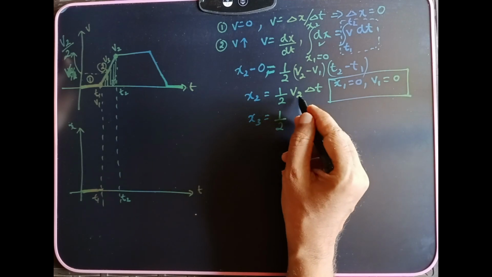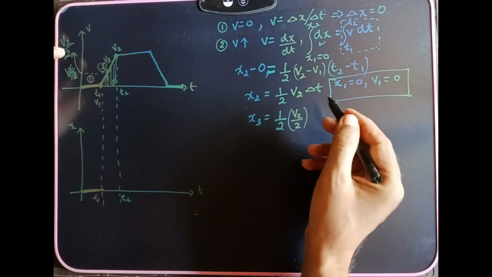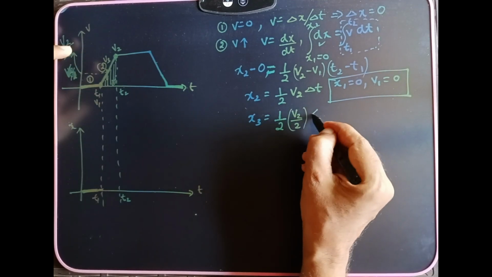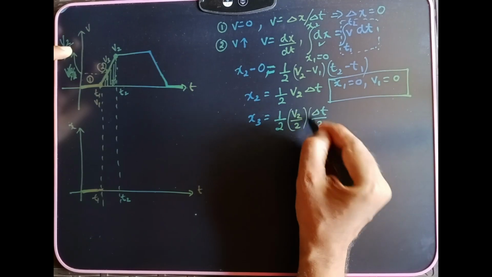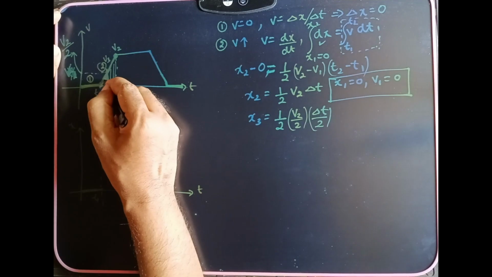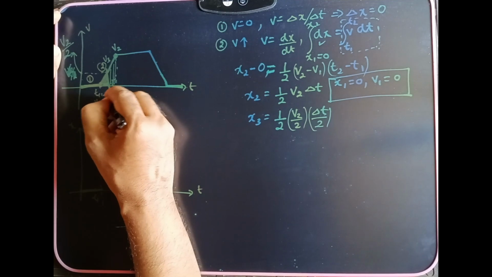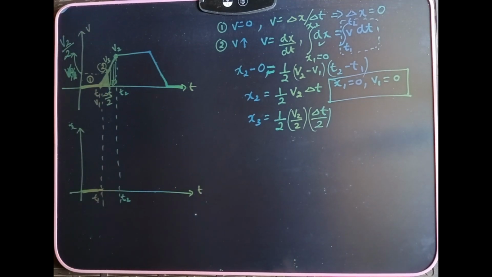And what is v3 and delta t? v3 is actually v2 by 2, and delta t is delta t by 2, right? For this triangle, this is halfway. I've taken delta t by 2 here, right?